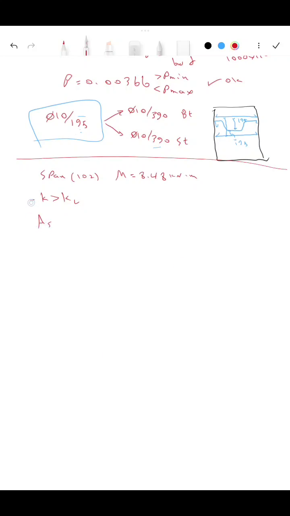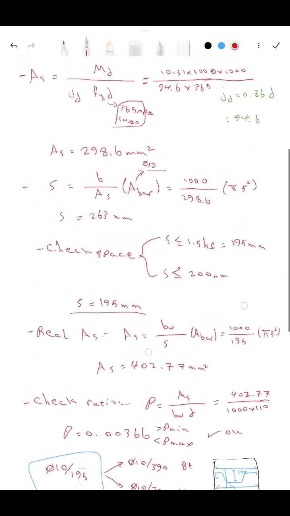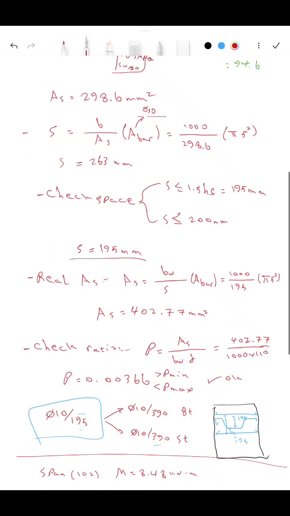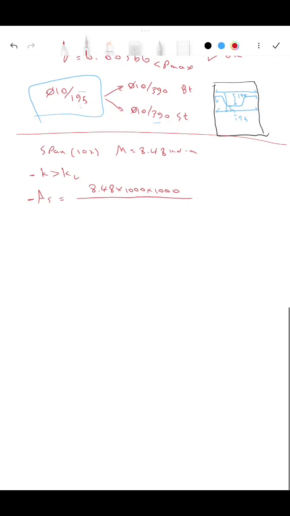Then we will calculate the area of steel. Area of steel equals the moment, which is 8.48, converted into Newton times millimeters, so times 1000, divided by the JD, which was 94.6, we calculated it here, times the FYD 365 from the table.